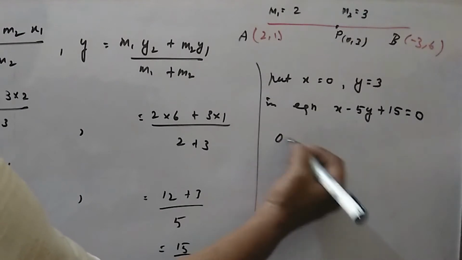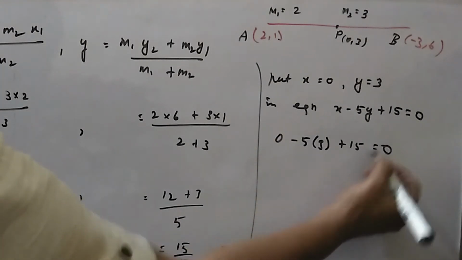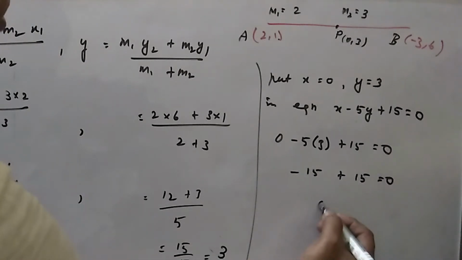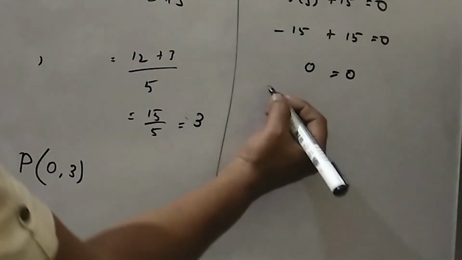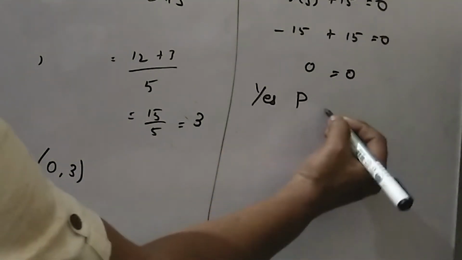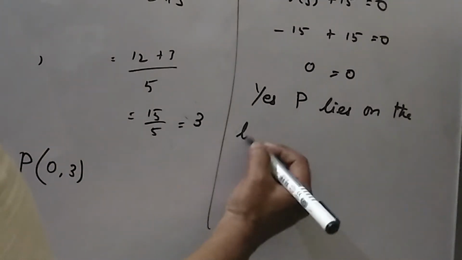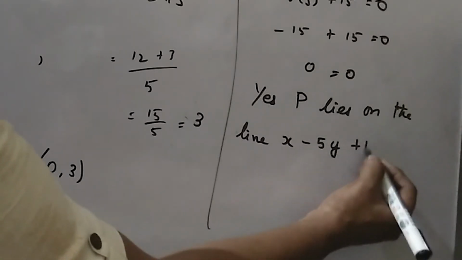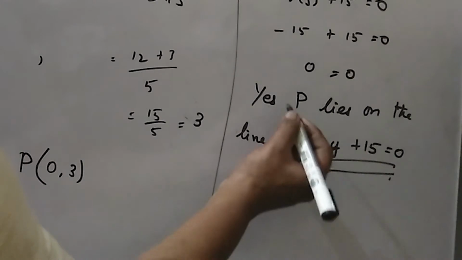So you will write 0 minus 5 into 3 plus 15 is equal to 0. Minus 15 plus 15 is equal to 0. Now you can say yes, P lies on the line x minus 5y plus 15 equal to 0.